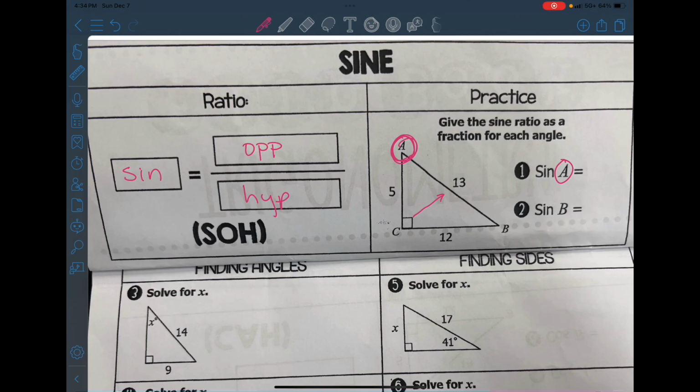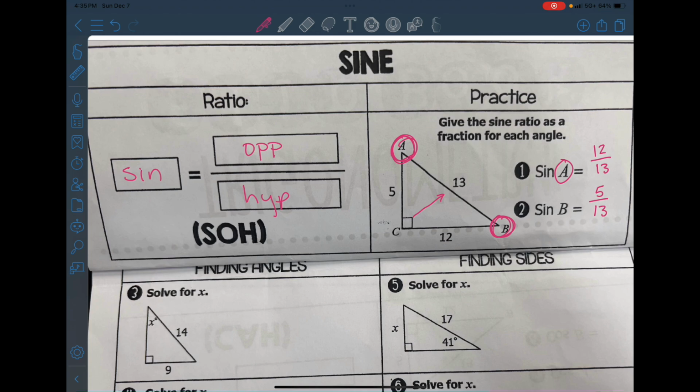So 5 and 13 actually make that angle, so it's going to be the other one. 12 is our opposite of A, and our hypotenuse is 13. And if you look at sine of B, now we're looking at this angle, and the side that does not touch it, since 12 and 13 make that angle, is 5. So 5 is the opposite over the hypotenuse. The hypotenuse is going to stay the same.